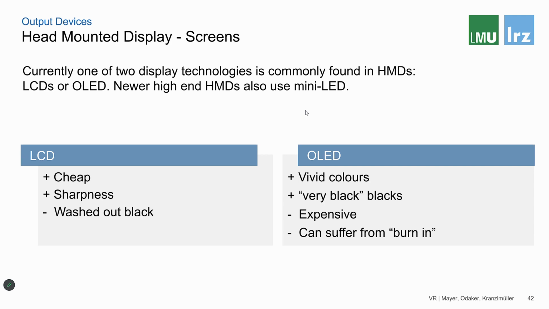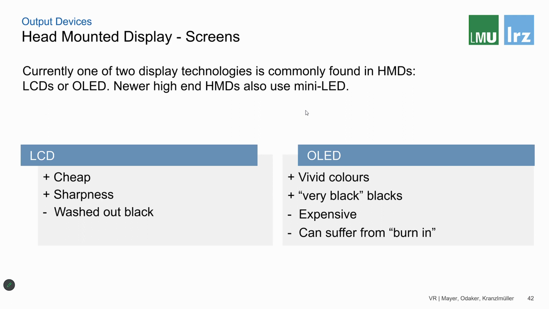On the other hand, it is expensive, and especially older OLED screens can suffer from what is called burn-in. That means that if the image doesn't move for a longer time, there can be a remnant of that image constantly burned in. That, for example, is an issue with some phone screens that use OLED, where you have the bar on top that is always the same that might burn in.